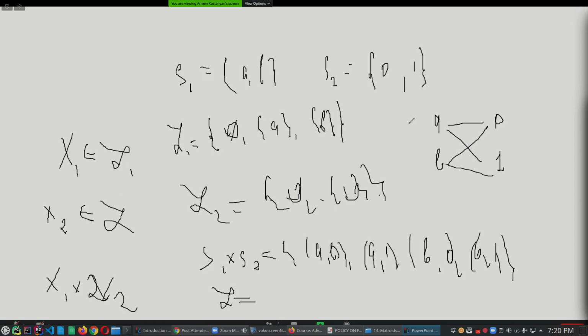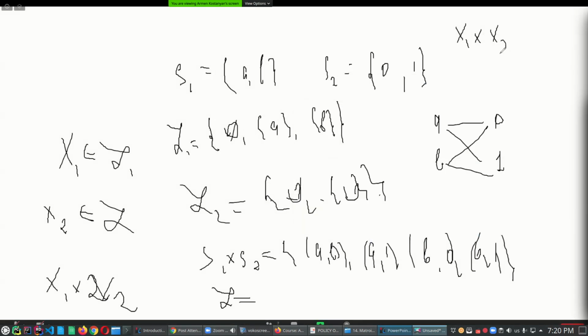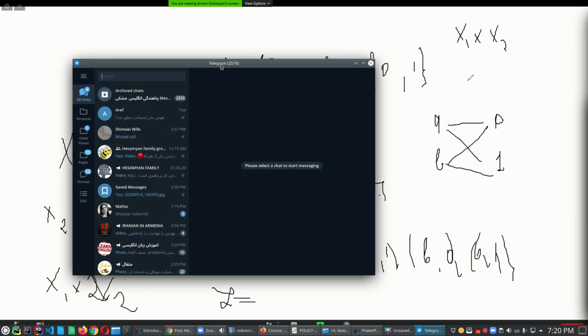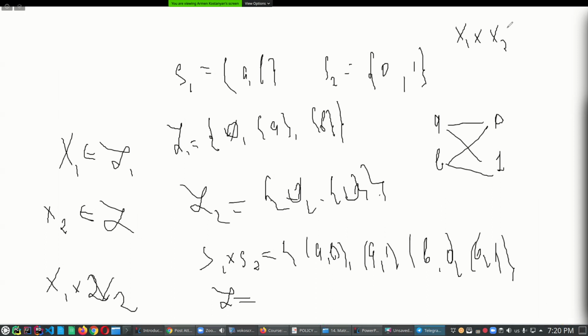By the hereditary property, it means that we have some subset belonging to this Cartesian product, and we need to show that not necessarily this subset can be represented as a Cartesian product of these two sets.